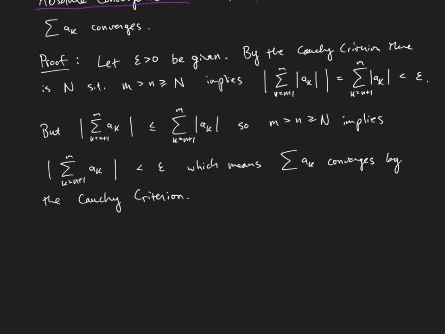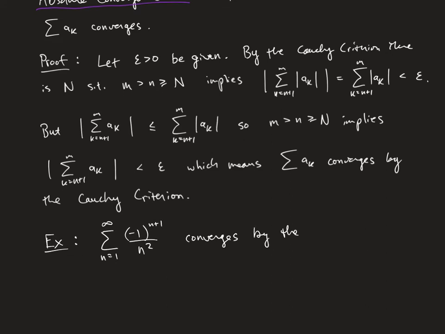So as an example, you can take the series of (-1)^(n+1) over n squared, n equals 1 to infinity. This converges by the absolute convergence test, since if we take absolute values on the inside, we just get the 1 over n squared series, which we discussed the convergence of before.